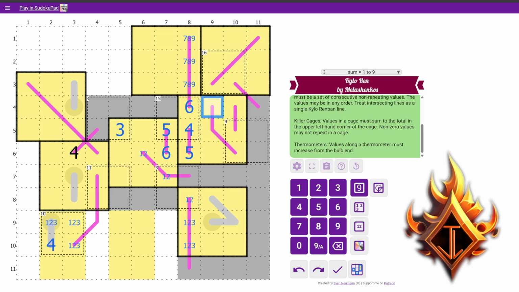These are 3 digits. So it'll be 1, 2, 3. The other side can be 8 or 9. Or these could be 7, 8, 9. So this will have a 2 or an 8 on it.